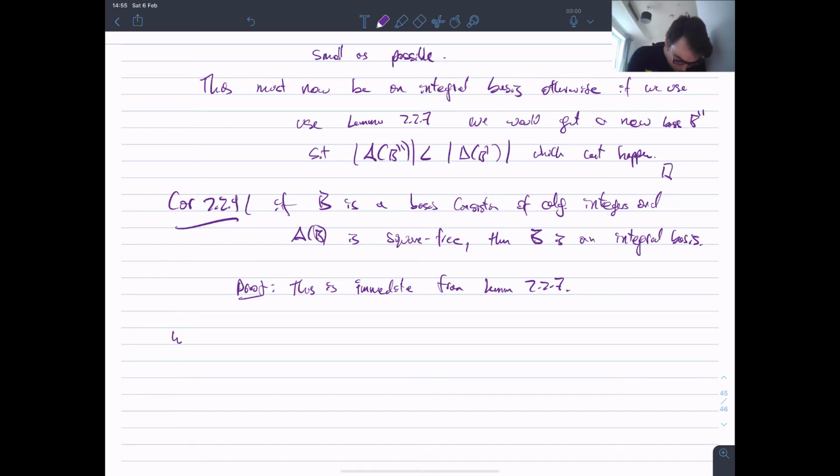Then let me do a warning here, which I've written in the notes. The converse isn't true. Note that the converse is not true.